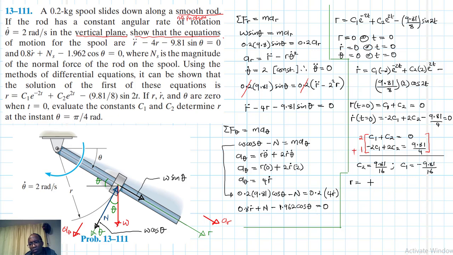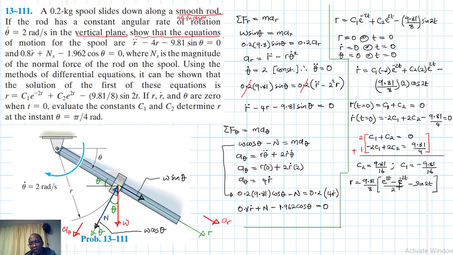So we can factor out 9.81 divided by 8, then we'll have e to the power 2t, minus e to the power minus 2t, divided by 2, because this is by 16, then minus sine 2t.